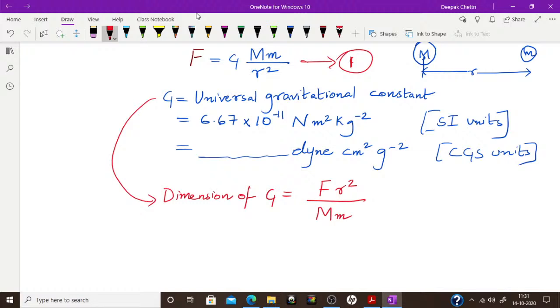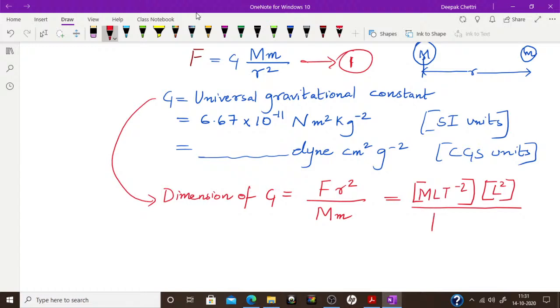small m, right? Now force, we have found the dimension of force on top. It is M L T minus 2. So r, what is r? R is the length, right? It is the distance between the centers, so it is length. R is length, so you know dimension of length is L, but this is square, so this will be L square. Now M is mass.